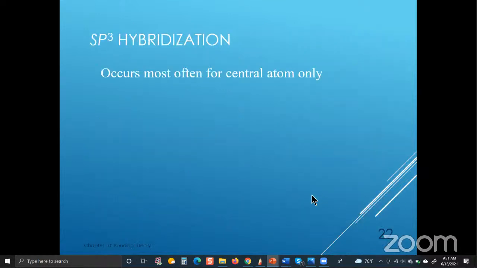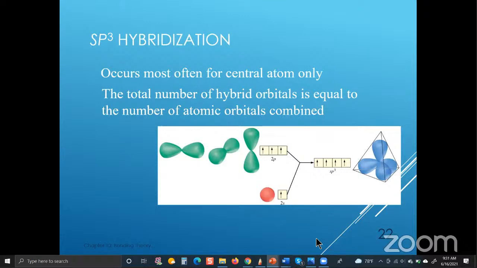So just to give you a picture of what we're talking about here, these are the 3 p orbitals of higher energy compared to the s orbital here, which will be low in energy. And when this s orbital combines with these 3 p orbitals, you're going to end up with the 4 sp3 hybrid orbitals, and the energies of these 4 sp3 hybrid orbitals would be the same, somewhere in between those of the p and the s orbitals.